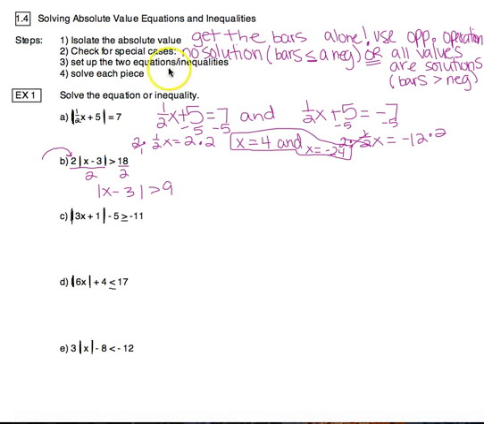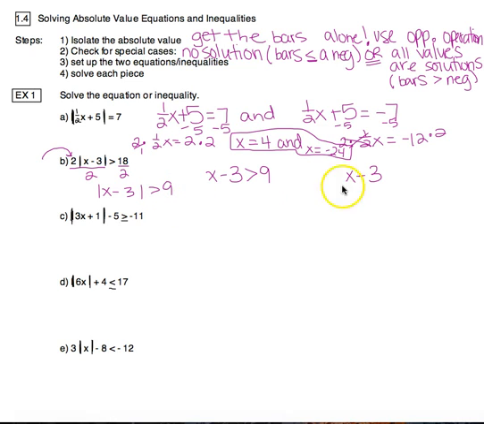So now I'm going to set up my two inequalities this time. Now, like I said in part A, you're never going to touch this part that was in the bars. Remember, we're not looking back to the original. We're looking at the isolated. So I'm going to start both of my inequalities with x minus 3 on their left side. The first one looks just like the original, so greater than 9.